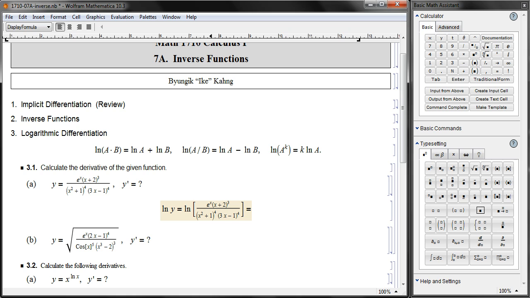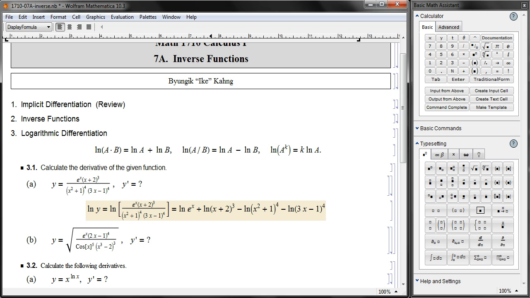Now, the logarithm on the right-hand side can be simplified because this product can become addition, and this quotient will become subtraction. So we have log of exponential of x plus log of x plus 2 to the third power, minus log of x squared plus 1 to the fourth power, minus log of 3x minus 1 to the fourth power.